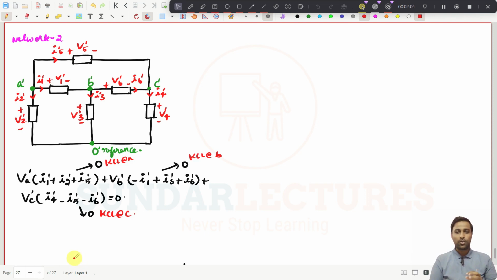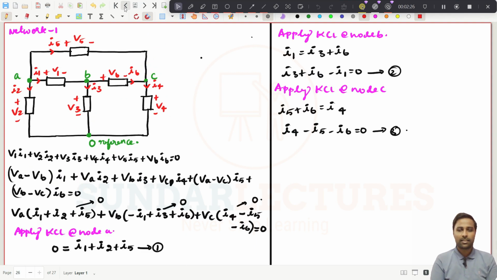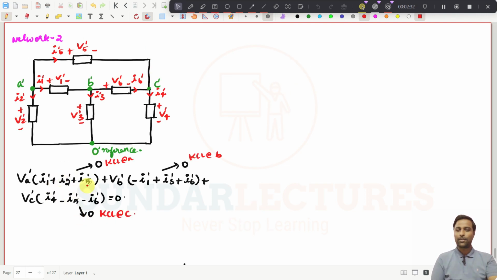And what is the thing you have to understand? Whatever the elements may be connected, whatever the currents, KCL at the nodes should be satisfied in every network. Since the topology is the same, this current should be 0 and this current also should be 0, right?